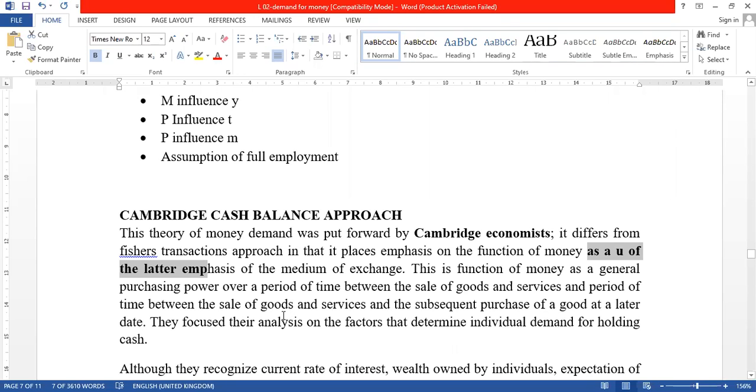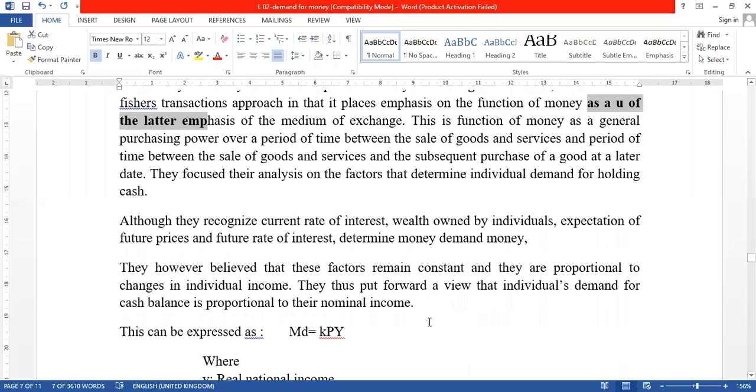And therefore, the Cambridge focused the analysis on the factors that determine the individual demand for holding cash. Their emphasis is on the factors that could determine the demand for money by individuals for holding that cash.